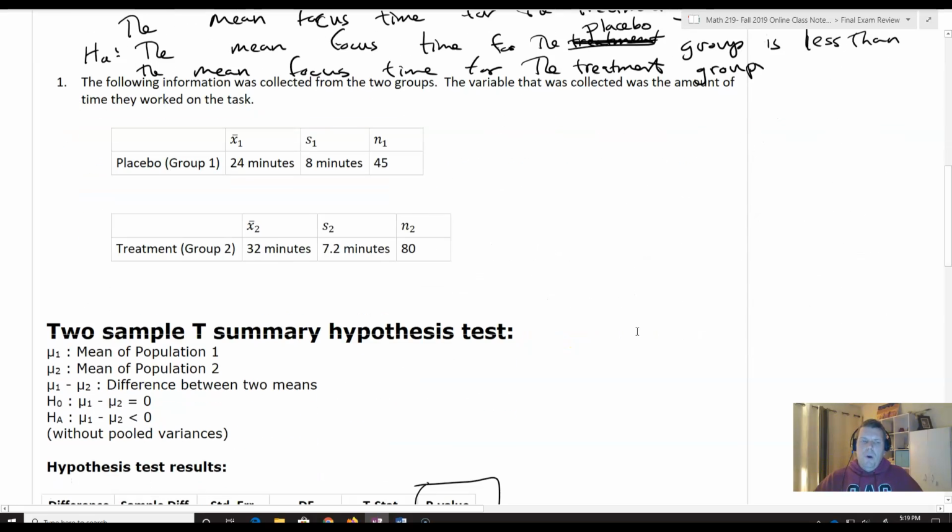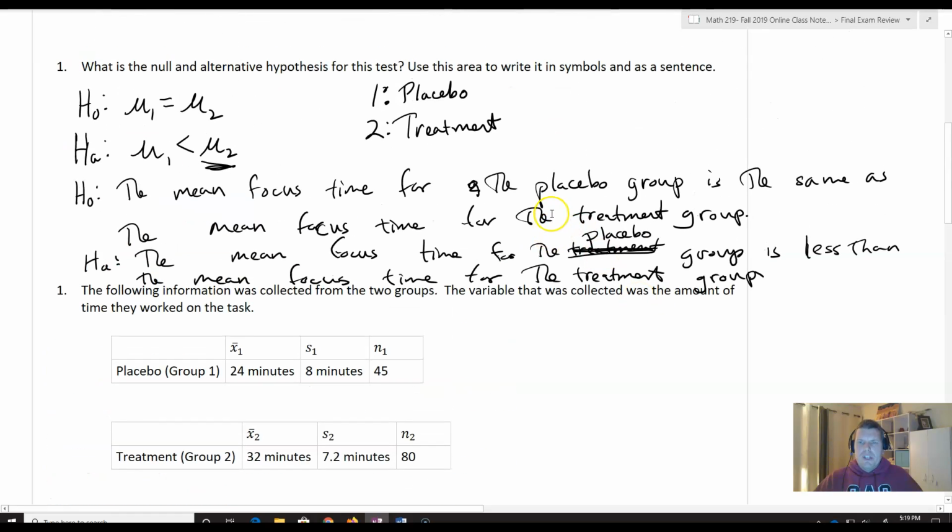Then all my other work is to figure out if I'm going to reject the idea that they have the same focus time. If I go out and reject it, then I'm going to be supporting the alternative, which is to say, basically, that the treatment group did better on the tasks, and so hence my drug improved focus time, okay? So like that's the idea. Do I know really about my drug?